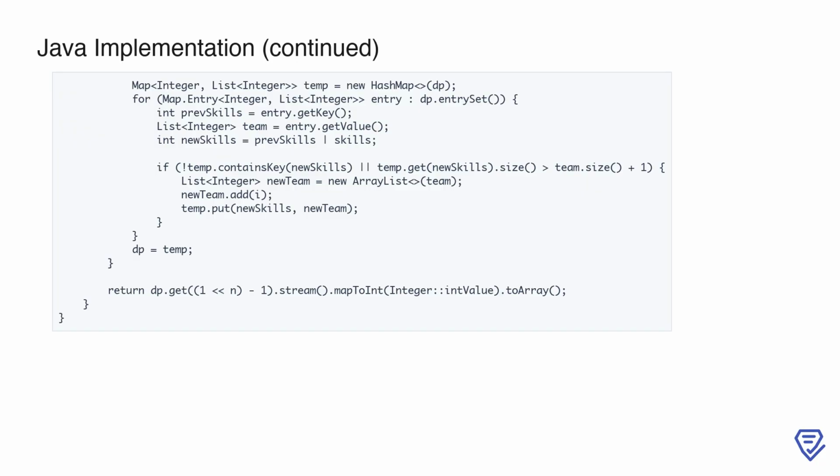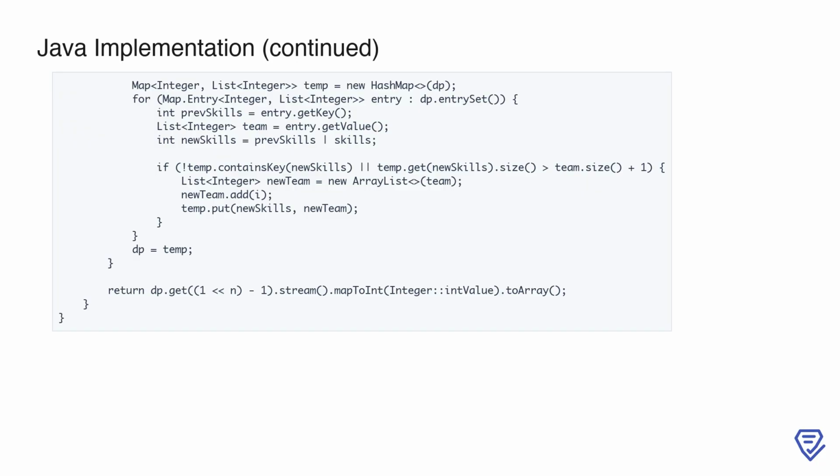If the new skill set is not already in temp, or if the current team for this skill set can be improved by including the current person, we update temp. To do this, we create a new team by copying the current team and adding the index of the current person, then storing it in temp with the new skill set as the key. Once all possible transitions for the current person are evaluated, we update DP to reflect the changes in temp.